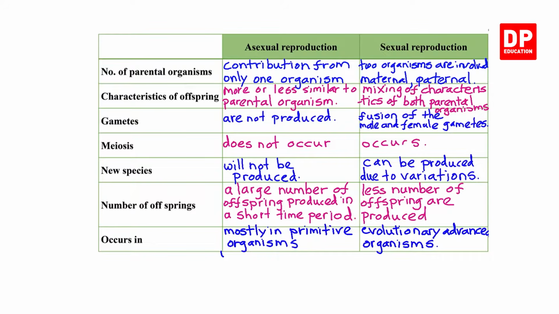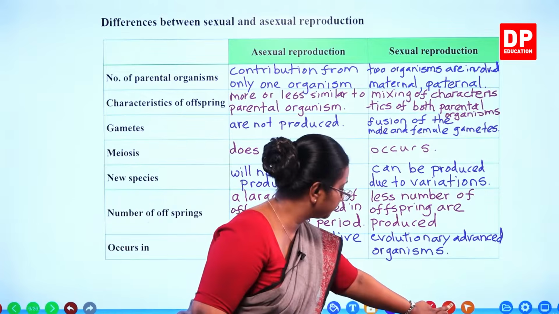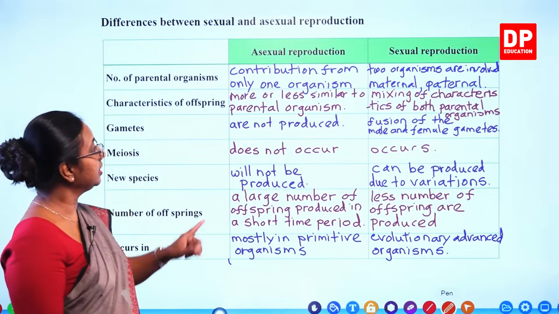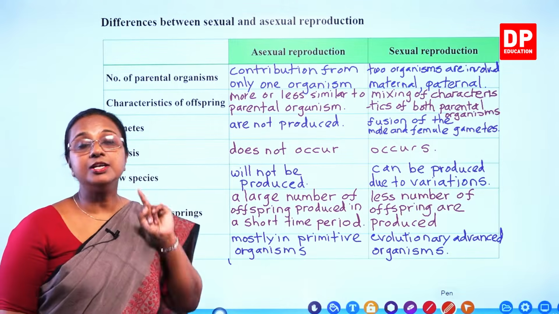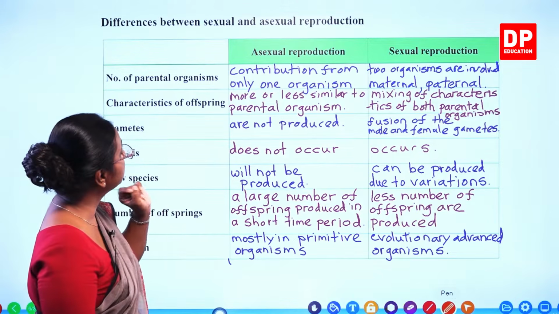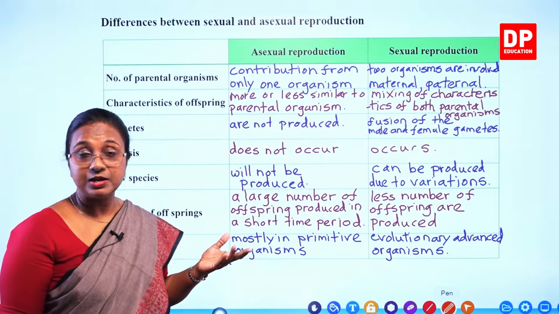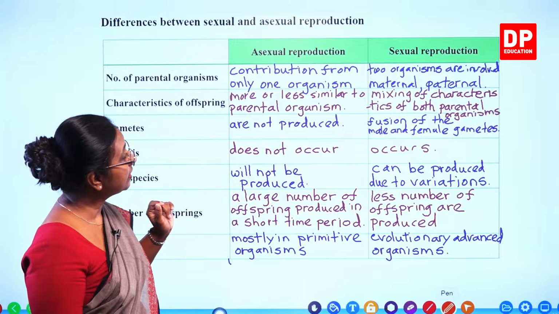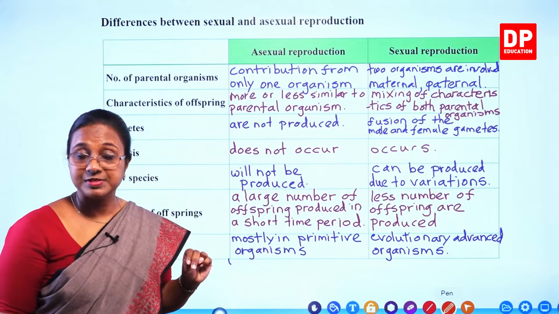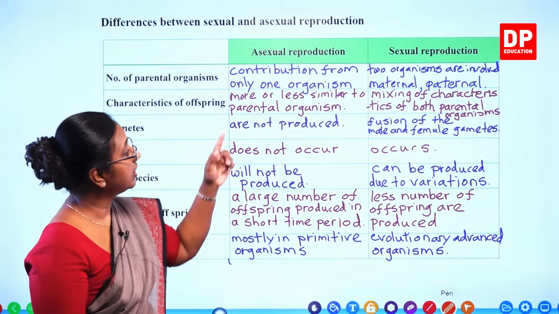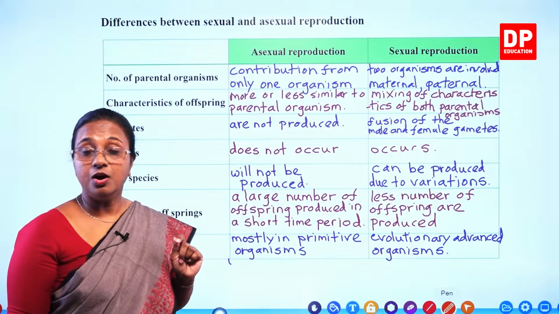So, if we look at the differences, in asexual reproduction, we only need one organism. There is contribution from only one organism, that is the parental organism. Whereas in sexual reproduction, two organisms are involved in the production of offspring, the maternal organism and the paternal organism.